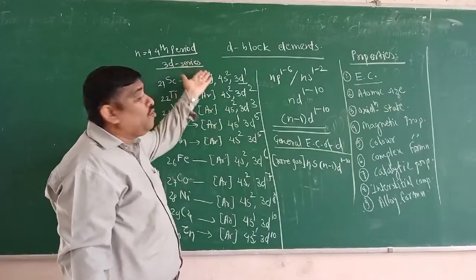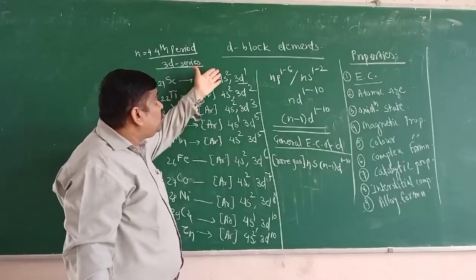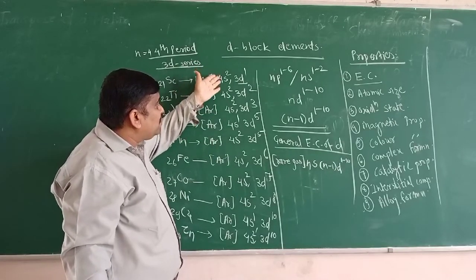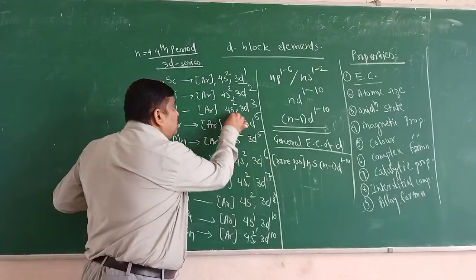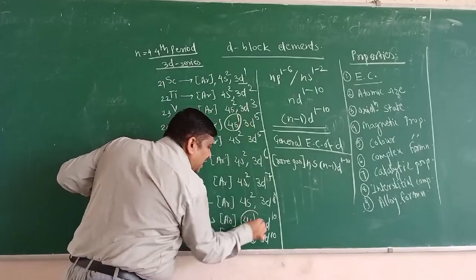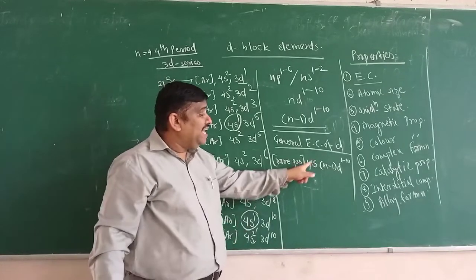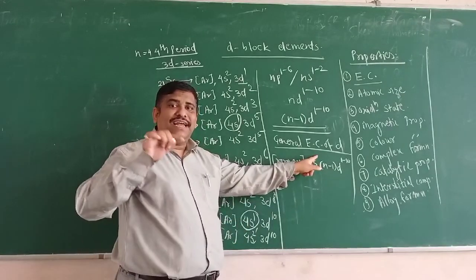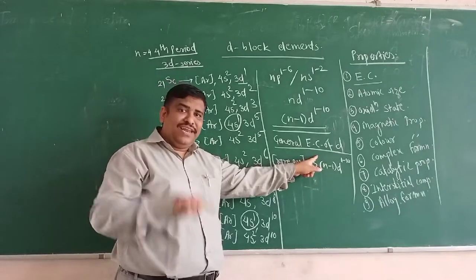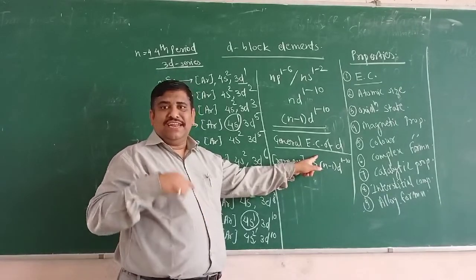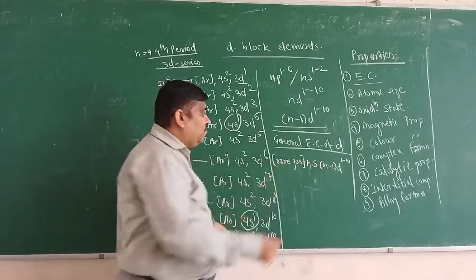Likewise, you tell me what is the upper limit and lower limit for s? It is not 2 here. 2 is for the maximum cases, but there are two exceptional elements where you get s1. Therefore, you cannot write ns2 alone, because there are elements with ns1 electronic configuration as well as ns2 electronic configuration.